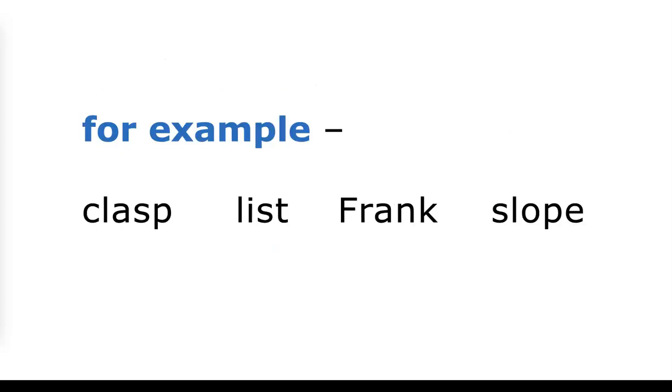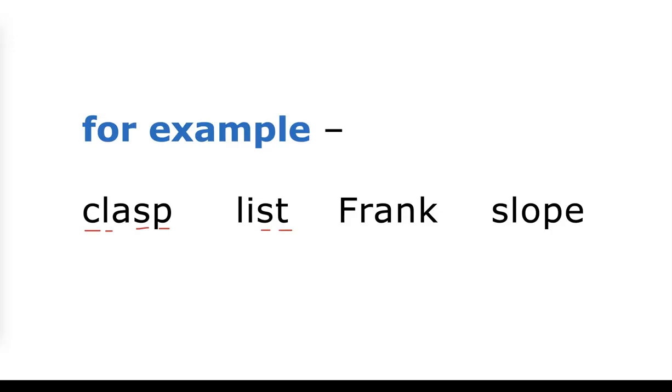For example, clasp, list, frank, slope. I underline the CL and the SP in clasp because I hear cl. I hear the 2 sounds even though they're close together. SP, I hear 2 sounds even though they're close together.